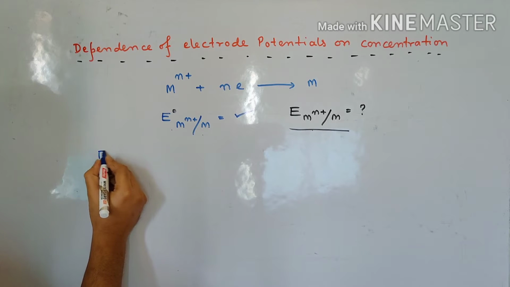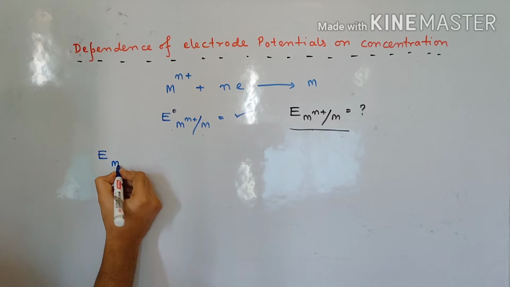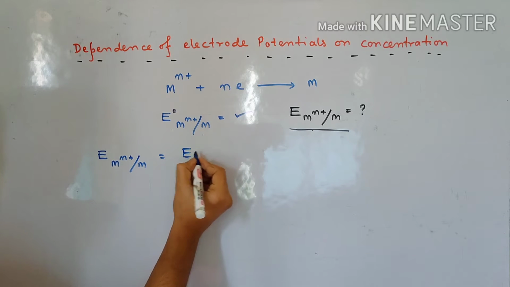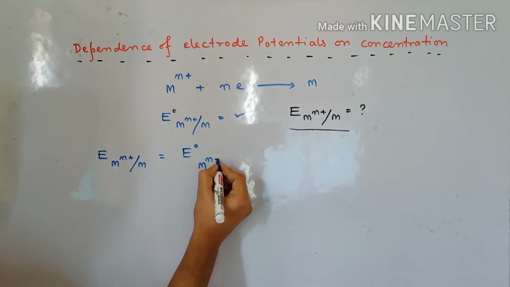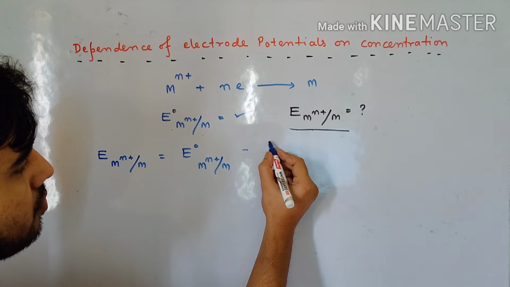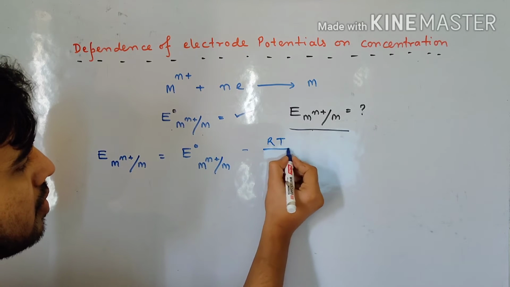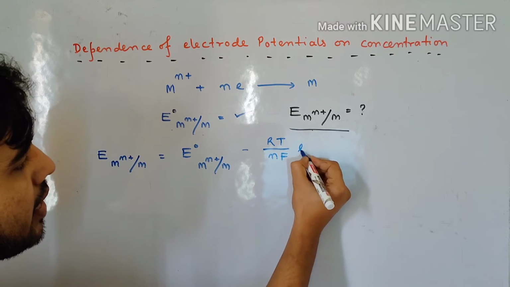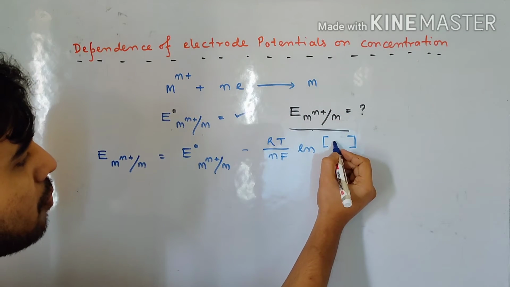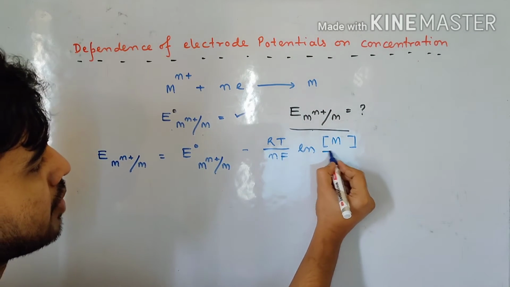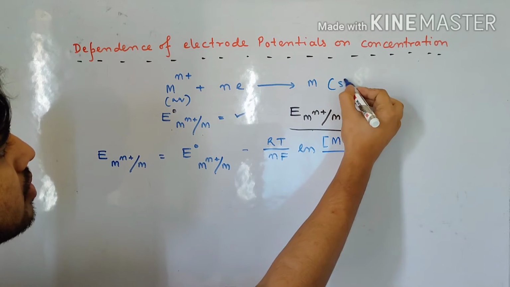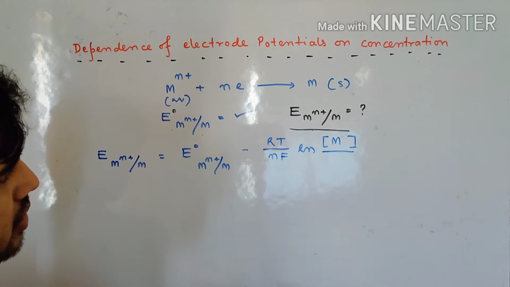It will look like this: E of Mn plus by M is equal to E0 of Mn plus by M minus RT by nF ln of the reduced species, the product side, M. Remember, it is in aqueous condition for the ion and in solid condition for M in this particular case.